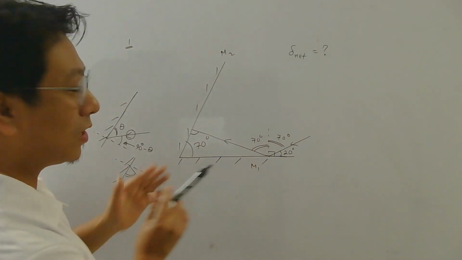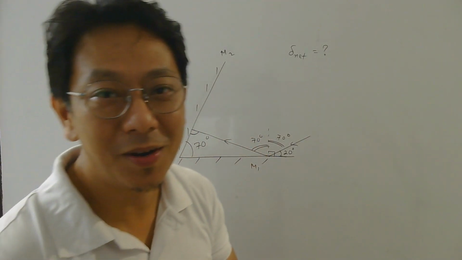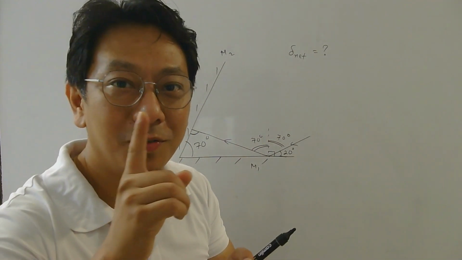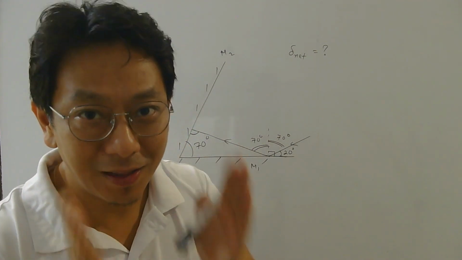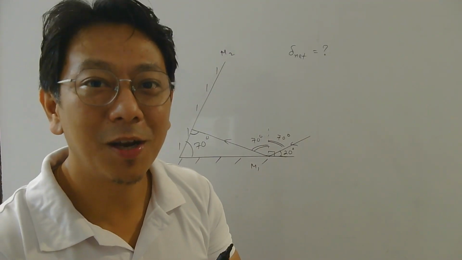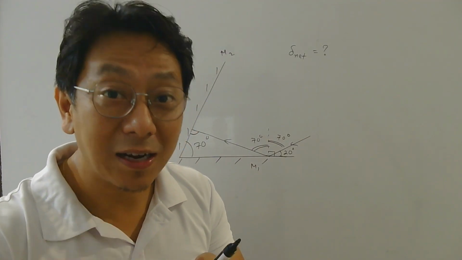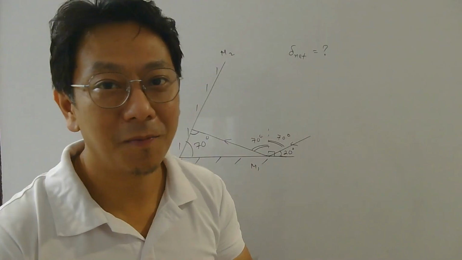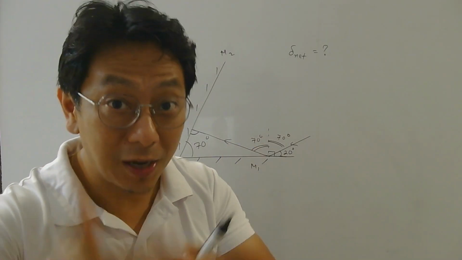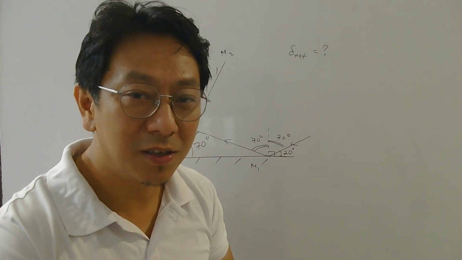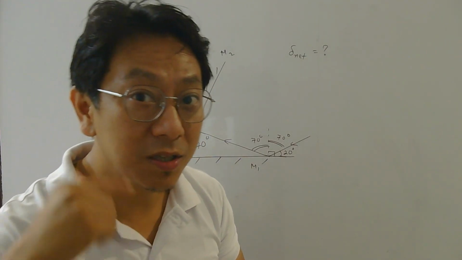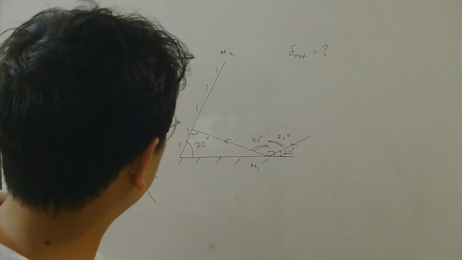That's why I say whenever multiple reflections happen, reflected ray of the first mirror becomes incident ray for the second mirror. And that's why we say image made by the first mirror will act like object for the second mirror. This principle is very useful for later problems. So try to remember. Image made by first reflection will act as object for the second reflection.